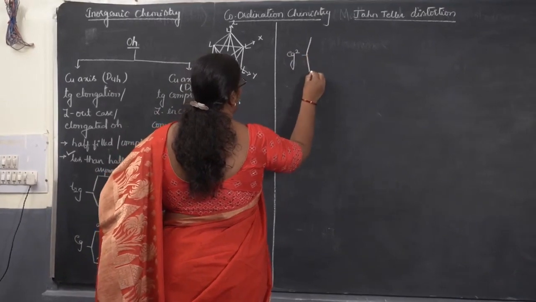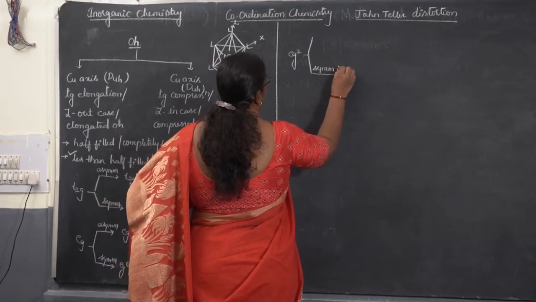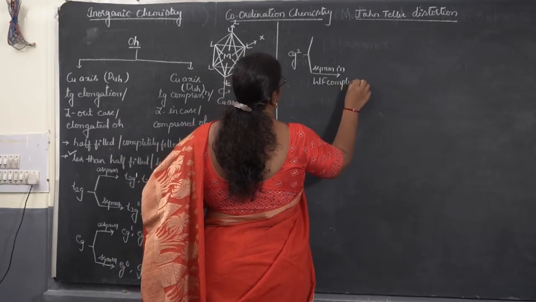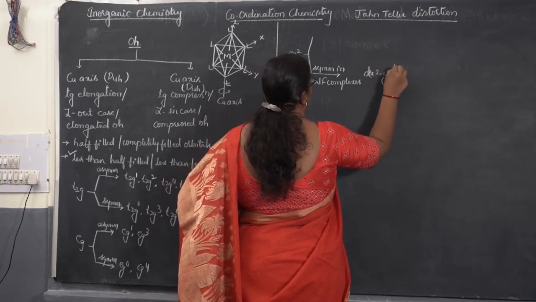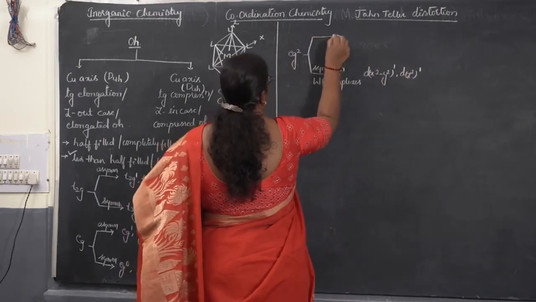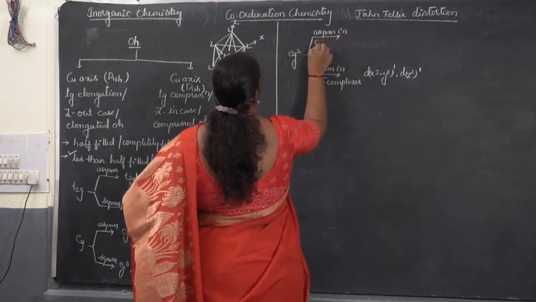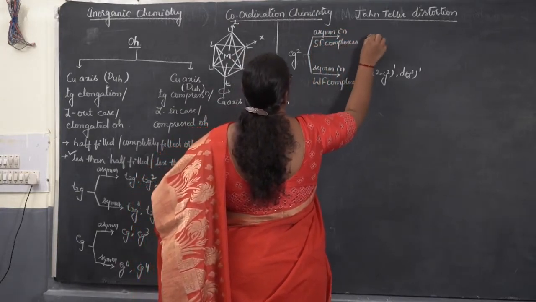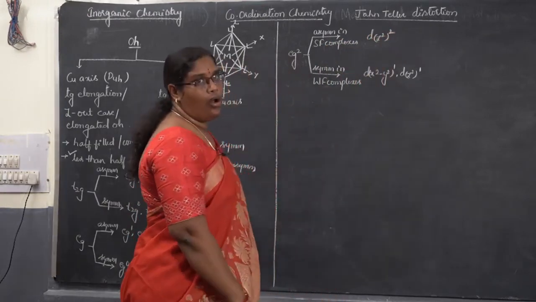This eg2 becomes symmetric in weak field complexes, where the dx square minus y square orbital and dz square orbital both carry one electron each, and it becomes asymmetric in strong field complexes. In these complexes, the two electrons are present only in the dz square orbital.